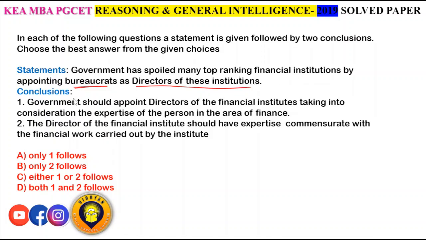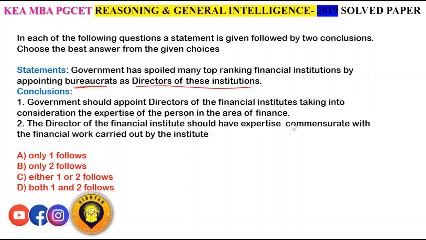Okay, now what is the conclusion you can infer from this? See the first one, whether it is true or false you have to say. Government should appoint directors of the financial institutes taking into consideration the expertise of the person in the area of finance, right? So if you have to appoint a director of the financial institutes, that director should have expertise in the area of finance, which is obviously true, right? That has to be. Only then he can take decisions wisely.